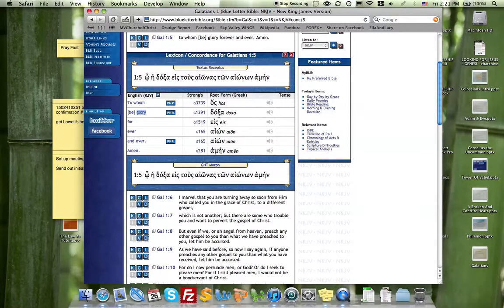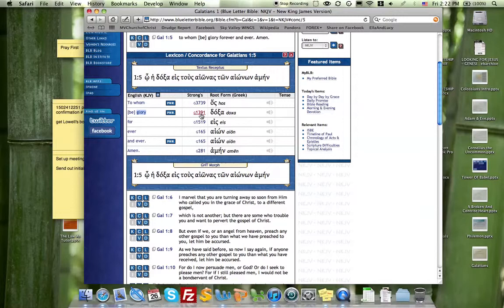Now, as you look here at glory, in the middle is this number. It has a little G by it, and then 1391. That's a Strong's number. Somewhere along the line they came up with a numbering system for every single Greek word used in the Bible.